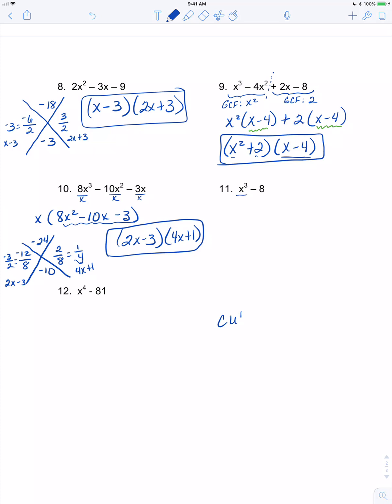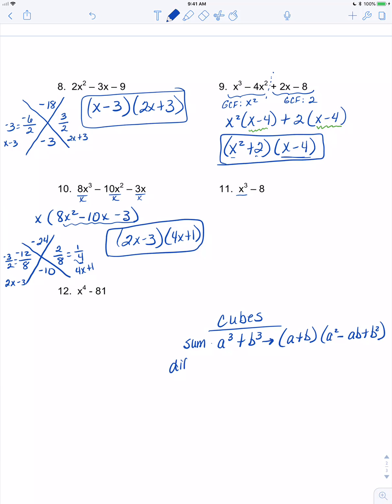The sum of 2 cubes means you're going to have something like a cubed plus b cubed. That is always going to factor into a plus b, a squared, minus ab plus b squared.